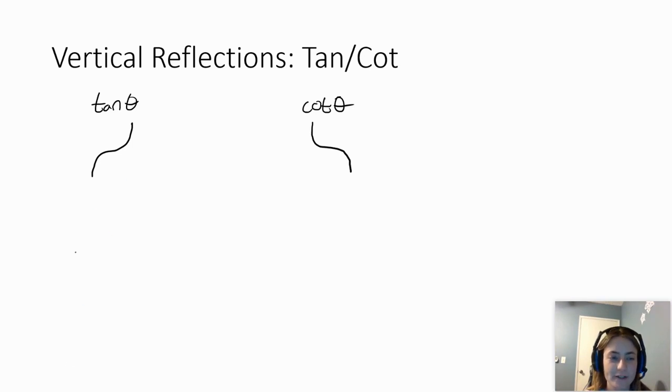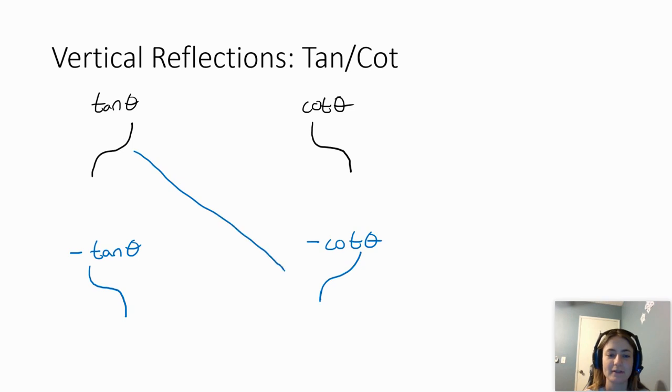So if we look at the shapes for negative tangent of theta and negative cotangent, if we do a vertical reflection, it's going to flip it top to bottom. So it's going to look like this. And then if we take this, flip it top to bottom, it's going to look like that. So notice that tangent and negative cotangent have the same shape. And cotangent and negative tangent have the same shape.